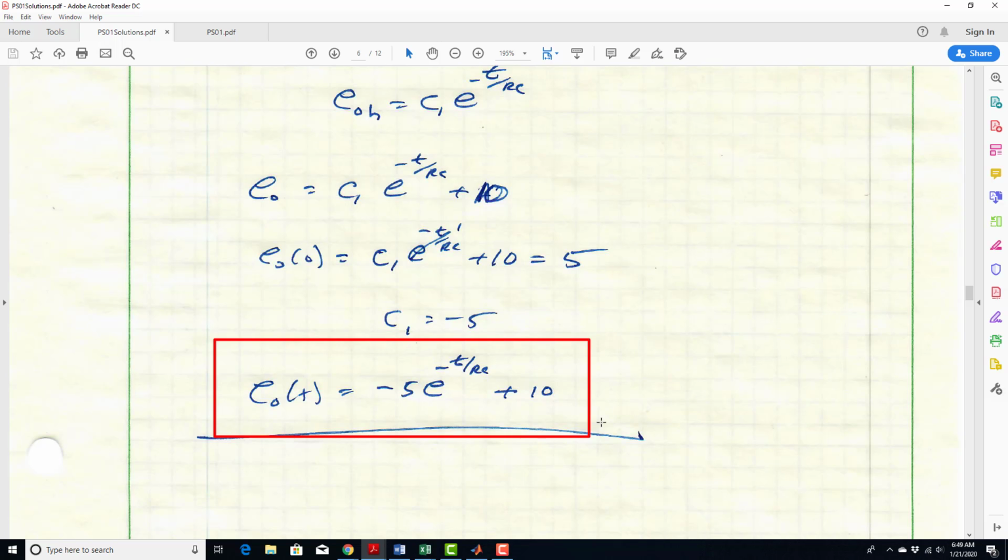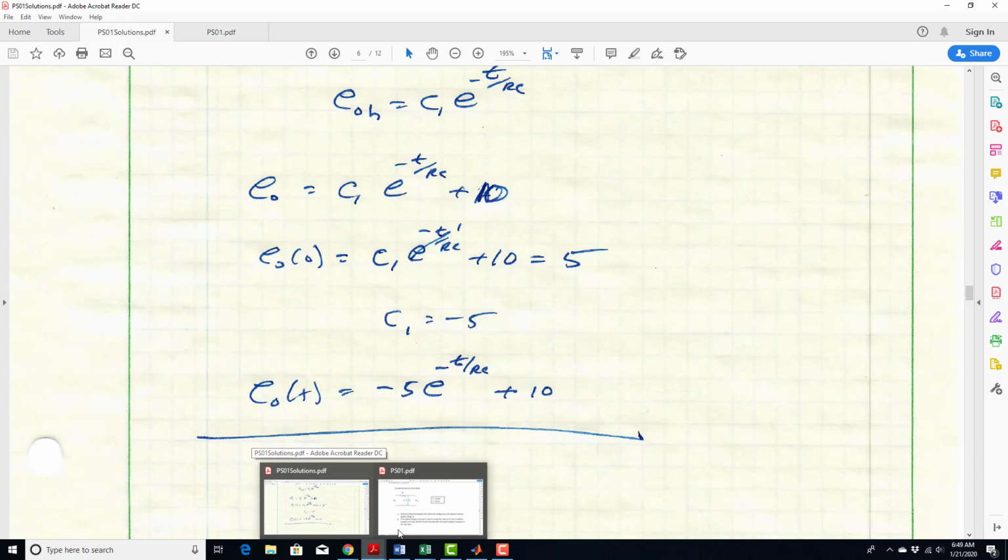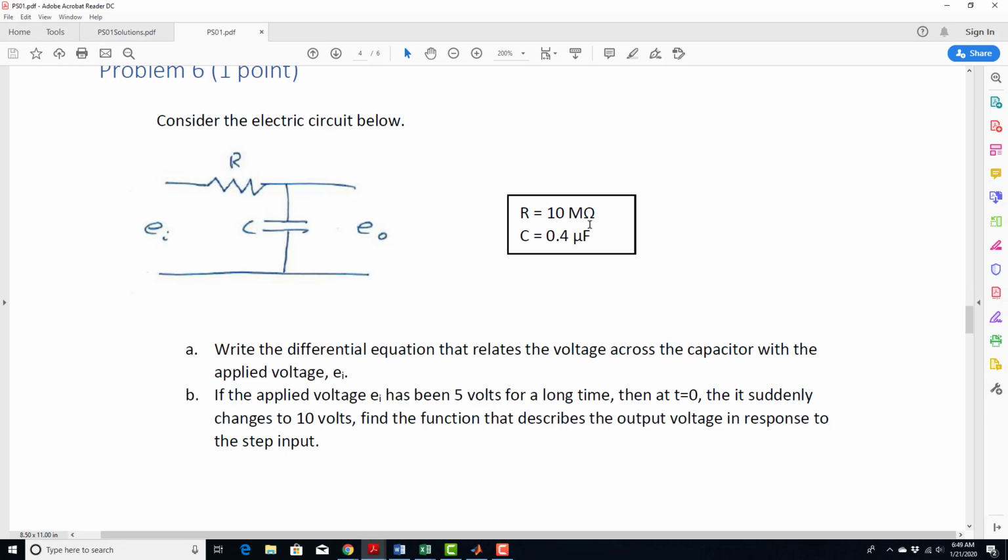And I'm just remembering I gave you values for R and C, and if we go back over to our problem, R is 10 times 10 to the 6th, C is 0.4 times 10 to the minus 6th, so the two of those multiplied together comes to 4, and we get a time constant of 4, so it's t over 4 in our solution, which is exactly the same time constant we got from the mechanical system.